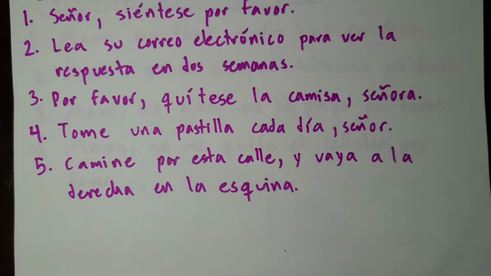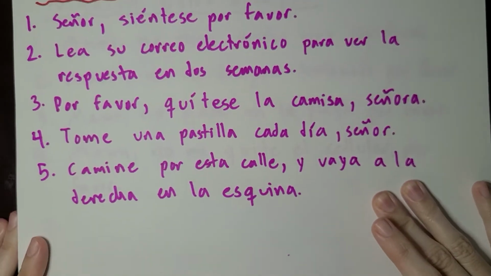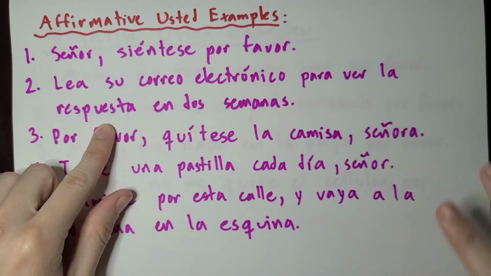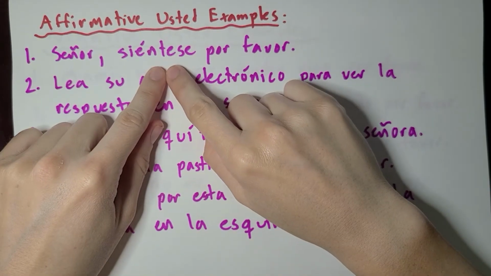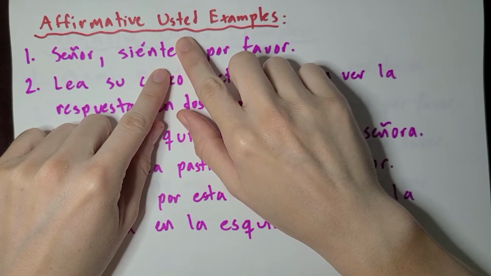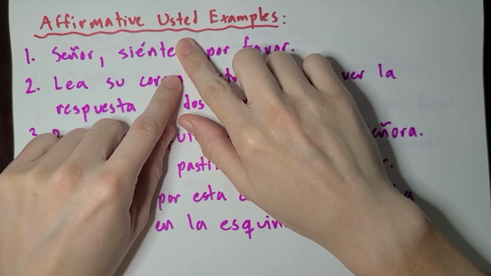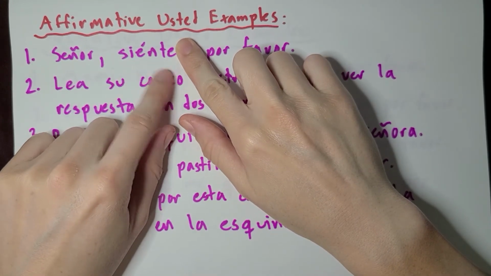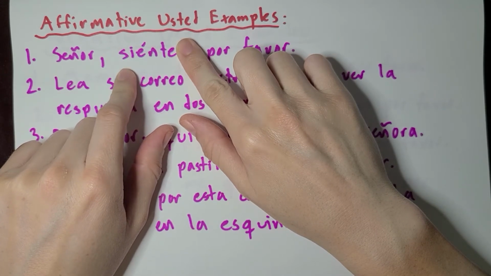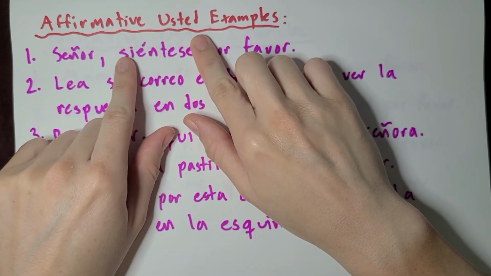Okay, so now that we know that, let's look at some affirmative usted examples. One: Señor, siéntese, por favor. Sentarse is a reflexive verb that is an AR verb, so that AR became an E. And as we know from sentarse and our reflexive verbs, the stem of sentar, S-E-N, changes to S-I-E-N when you conjugate it, so don't worry about that part.